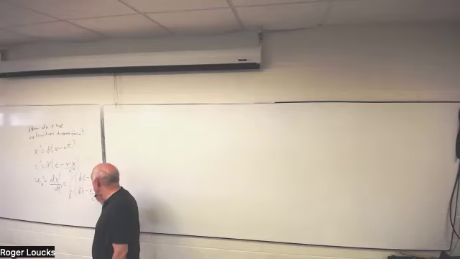Does that make sense? Okay, what we're going to do next time, we're done now. The next time we're going to have what's called a Minkowski diagram. I'm going to plot the time this way and x this way.